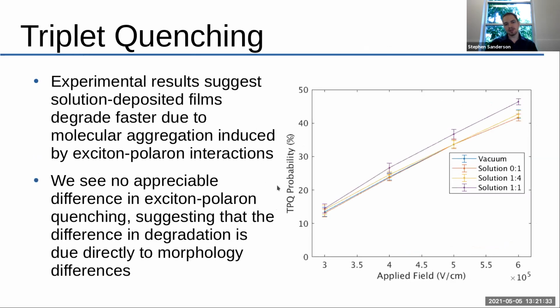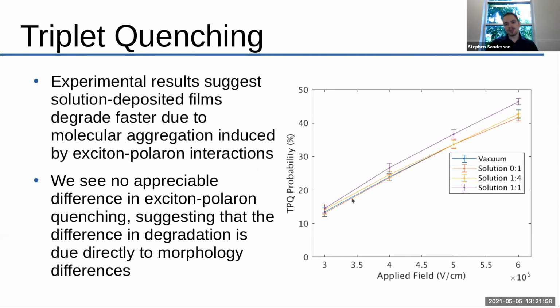The next thing we can look at is the triplet quenching. Since this is the only exciton-polaron interaction, this is quite important. There have been experimental results previously that suggested that the degradation of these solution films is due to aggregation of molecules induced by exciton-polaron interactions.